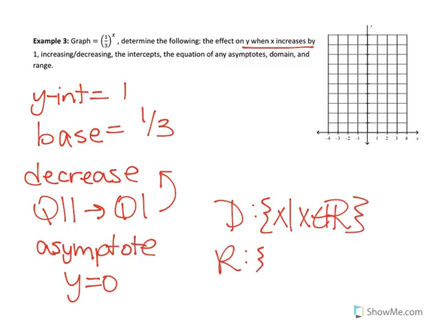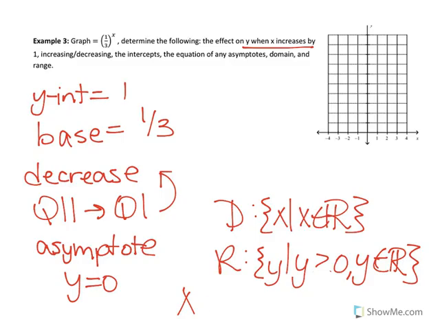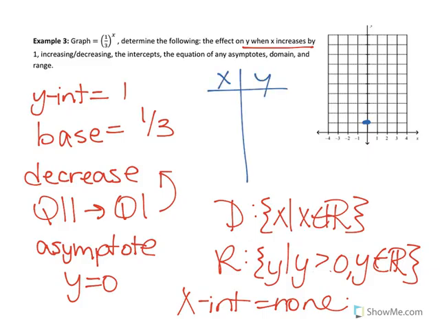Our range is going to be greater than 0, not equal to. And our x-intercept, we don't have one, so it's none, because it's never going to touch that x-axis. So to graph this, I'm going to plot a point at my y-intercept at 1, and then it would be decreasing. We could make it a little bit more accurate, though.